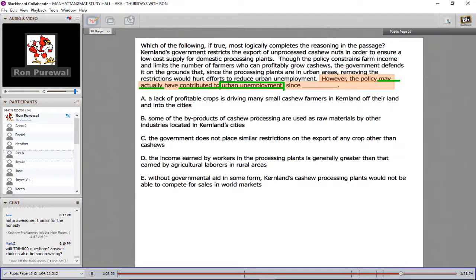We need to know what the policy is, and we need evidence that it increases unemployment in cities. Okay.